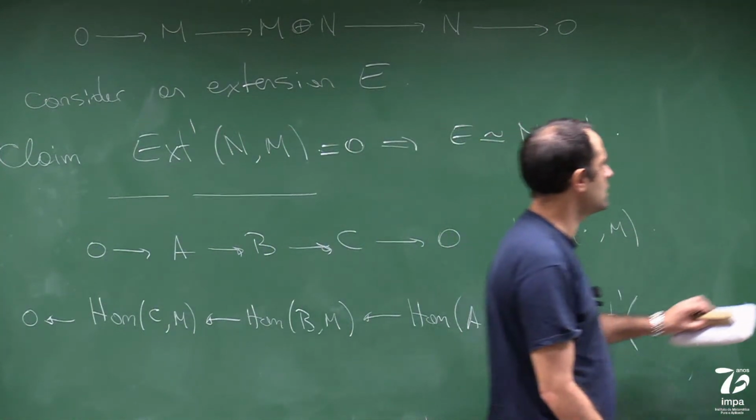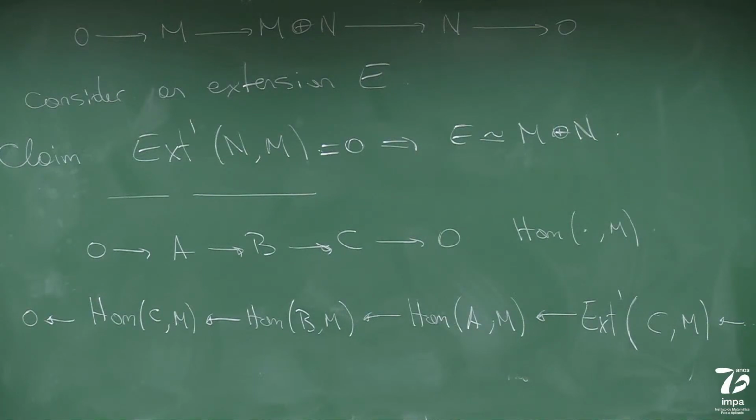If I apply Hom(M, N) into that sequence, that functor is covariant. I'm getting the arrows wrong.